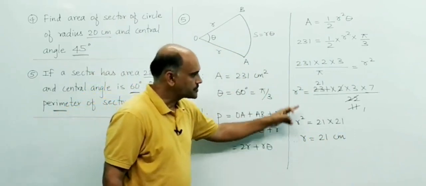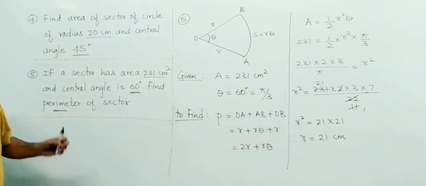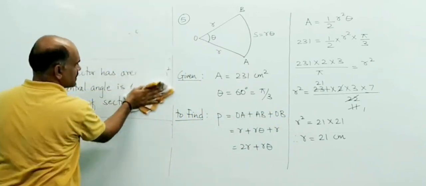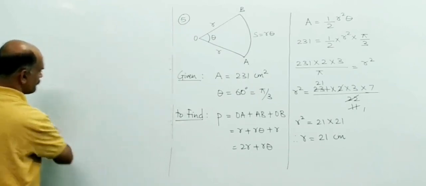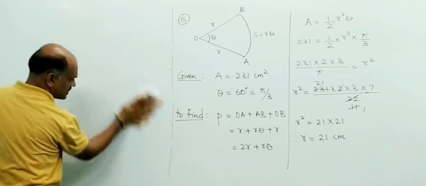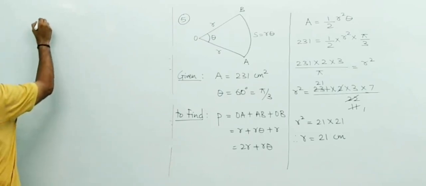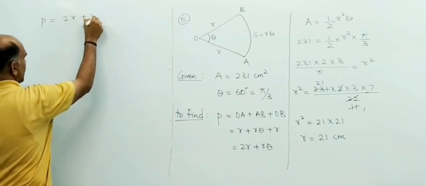Now substitute r and theta in the perimeter formula and you will have the answer. Perimeter P is equal to 2r plus r theta.